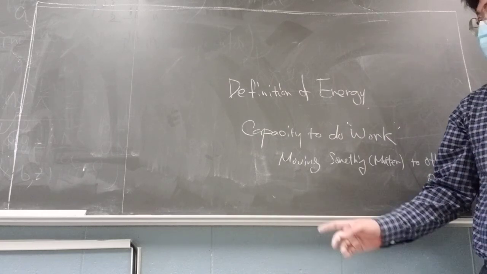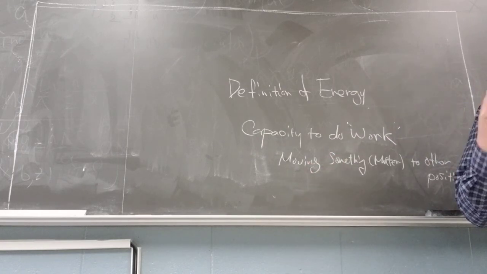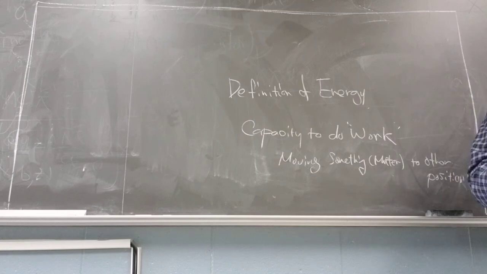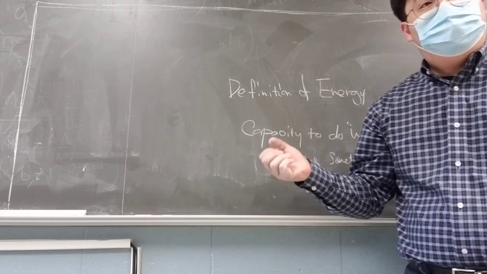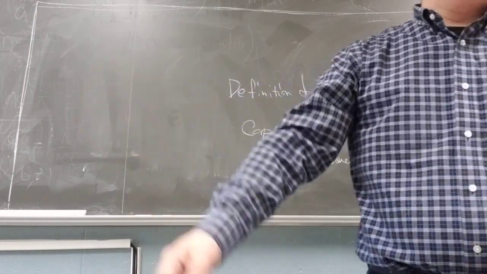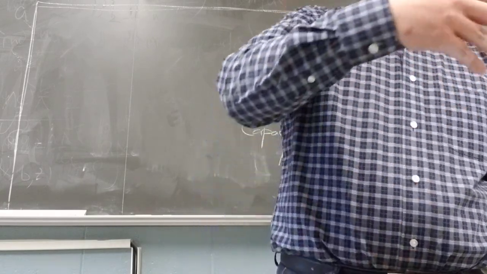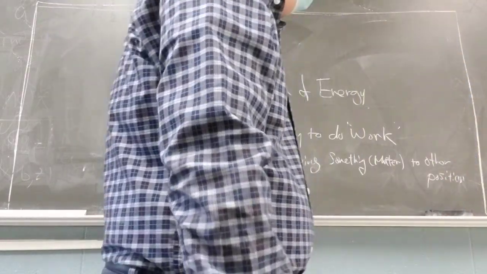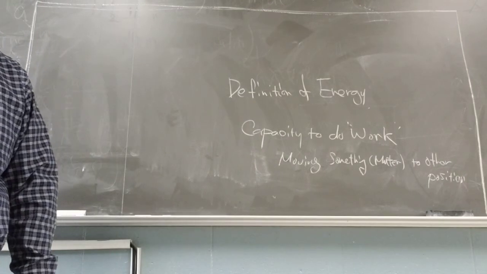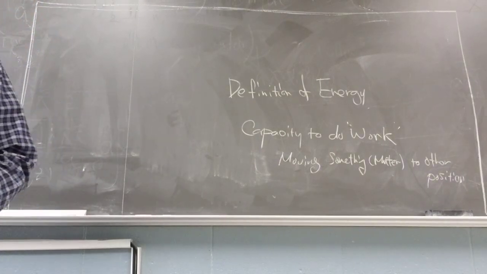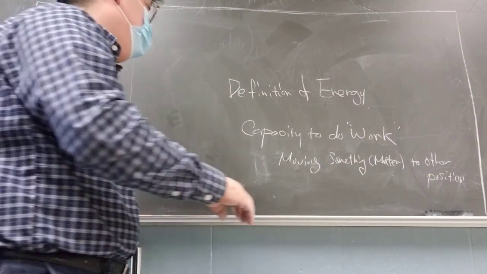So this is what we mean by energy. This is something that makes you able to do work, which is moving something that has mass to another position, or making something move faster if it's already moving. Can I move on?